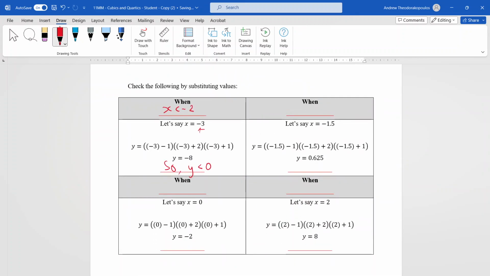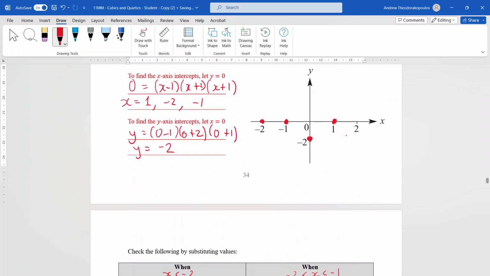So let's do that for all the other 4 sections. For the next section, between x is -2 and x is -1, between here and here, that's how we write it. Between these 2 x-intercepts, is my graph above or below the x-axis?